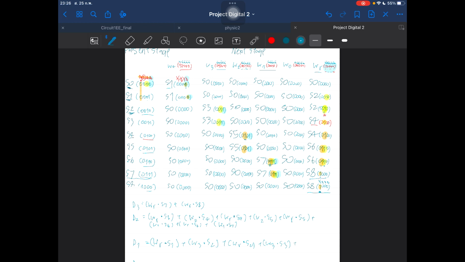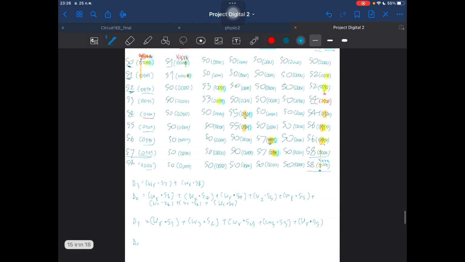D1 0 here means look at the input first. W input of the state is state 5. Then state 5 is R. Go to state 6.